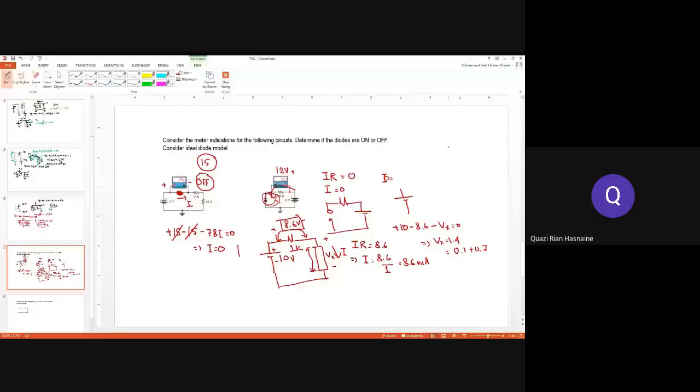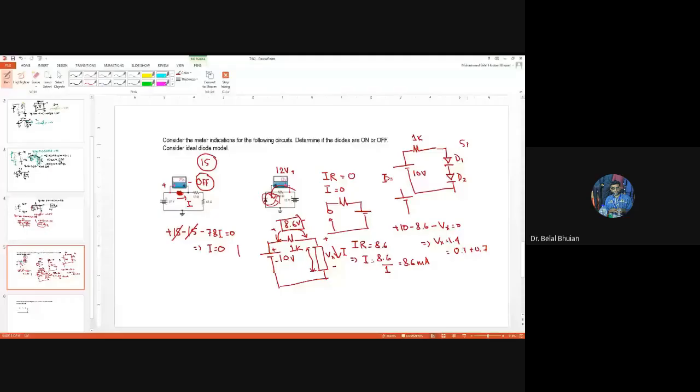Two diodes in series. So 10 volt and 1K, and silicon diodes D1, D2. Both of them are silicon diodes.